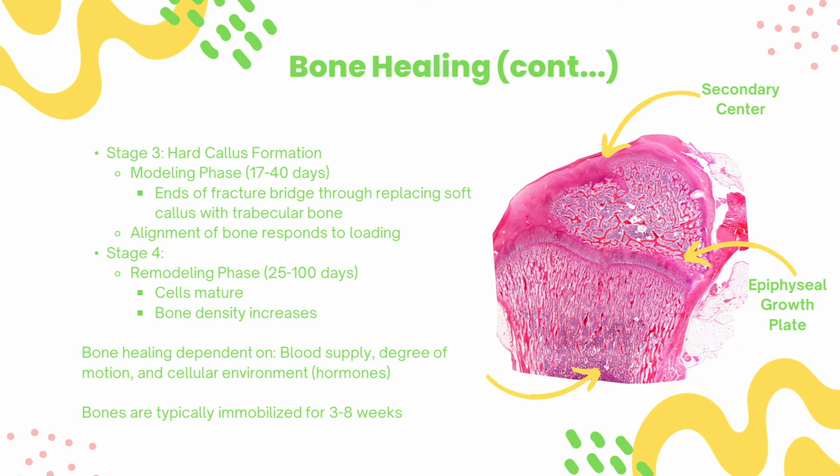And like I said, the reason the timelines are so widespread is because bone healing is based on so many different factors. It's dependent on blood supply. It's dependent on the degree of motion that is allowed at that bone. It's dependent on diet, and it's dependent on our hormones, our cellular environment.